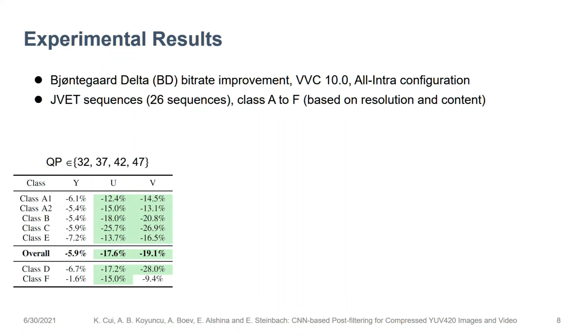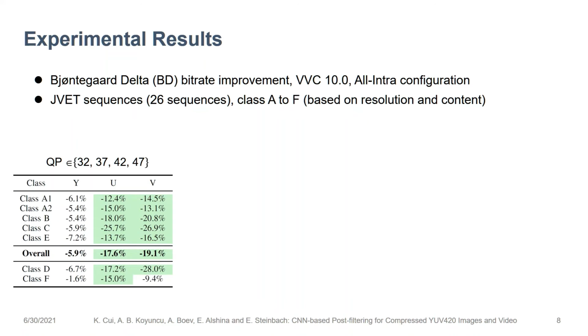From the table here, we can see that the proposed post-filtering achieves about 5.9% for Y channel and 17.6% bitrate saving for U channel and 19.1% for V channel.